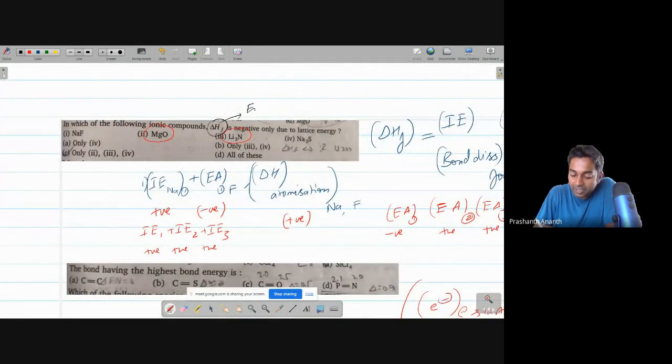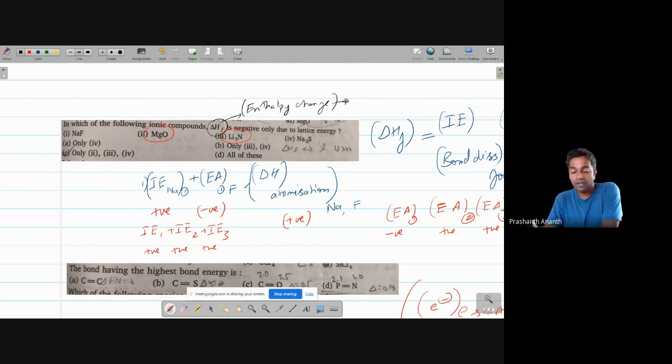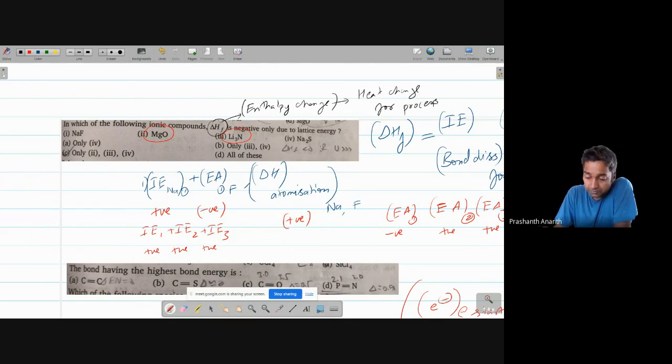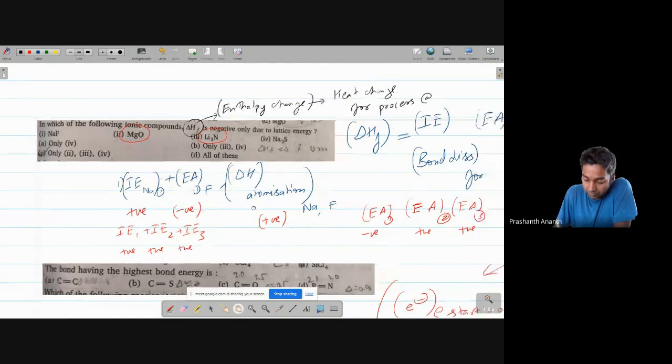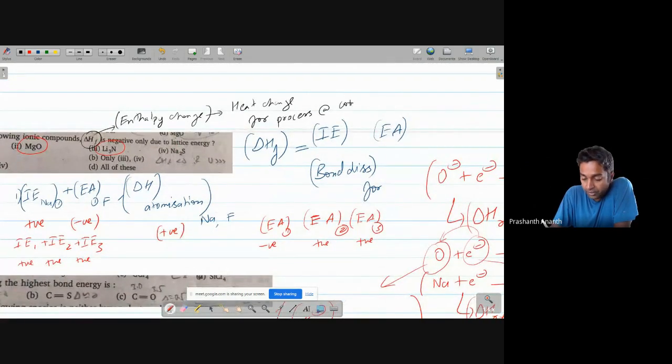So delta H basically means enthalpy change. From a basic perspective, because you have not done thermodynamics, let me just quickly tell you an easy way of understanding what this means. This is nothing but heat change for a process at constant pressure. When I say constant pressure, you can think of it as constant atmospheric pressure.